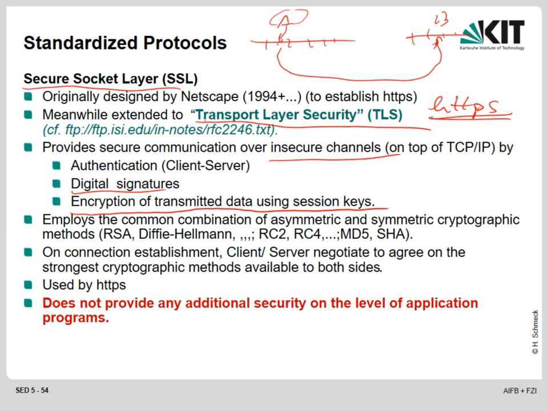And it uses combinations of asymmetric and symmetric methods, as I have just shown you. So the client and server negotiate to use the strongest cryptographic method which is available to both, because you can have arbitrary devices which are communicating. It is used by HTTPS, as I said, but it does not provide additional security on the application layer up there. But the communication line is made secure.